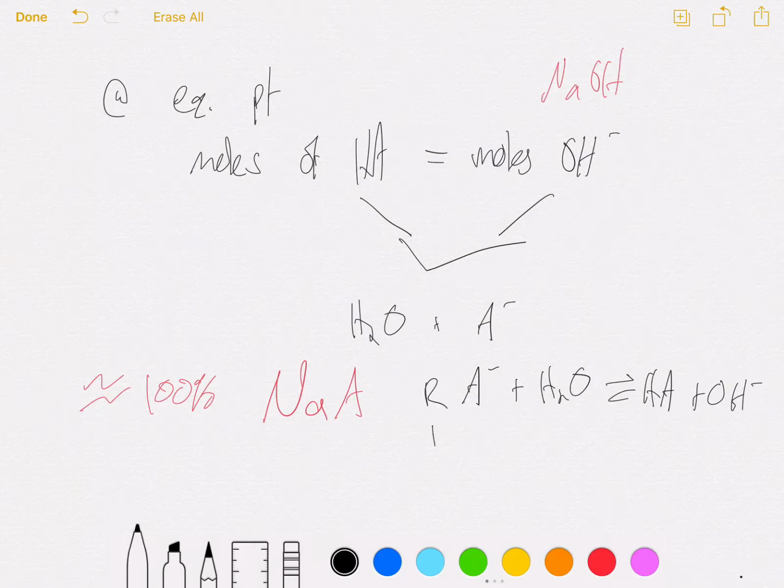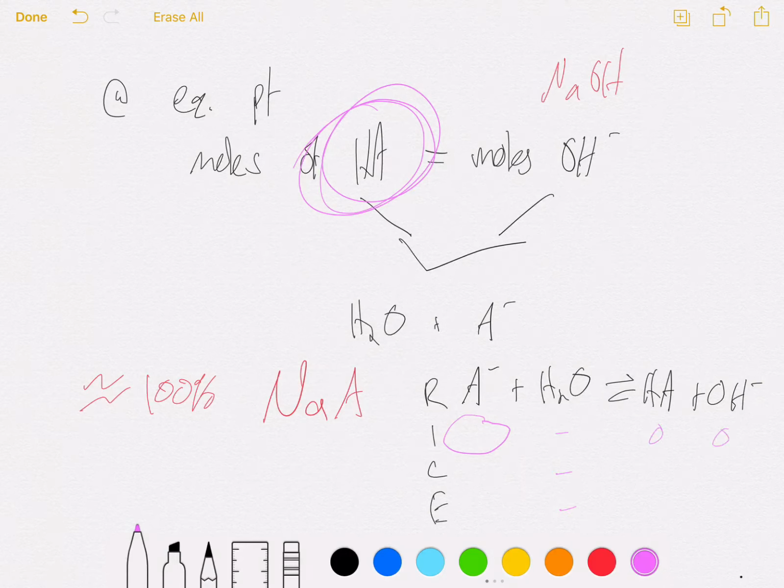And so you'd have to do a RICE table where you'd calculate the concentration of this, which would be the same number of moles of HA that you started with, now just divided by a new total volume. So it'll be somewhat more dilute than it was. Okay, this obviously doesn't play into account. We're going to call these 0.